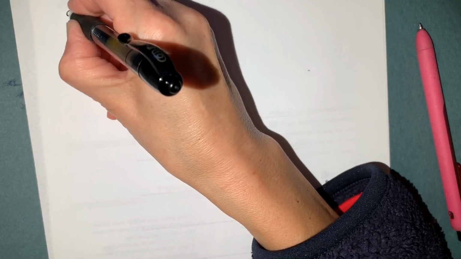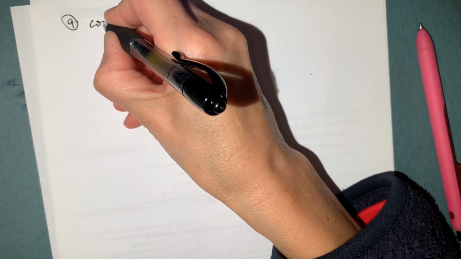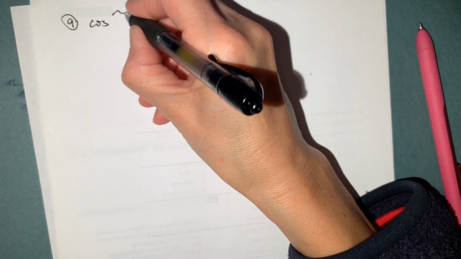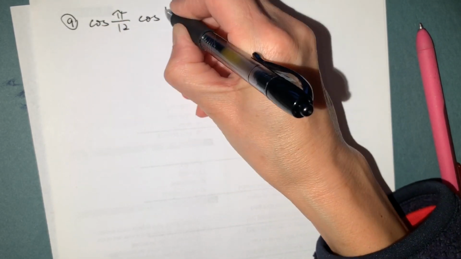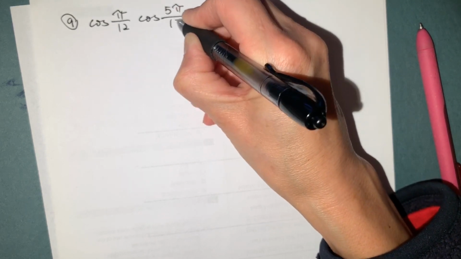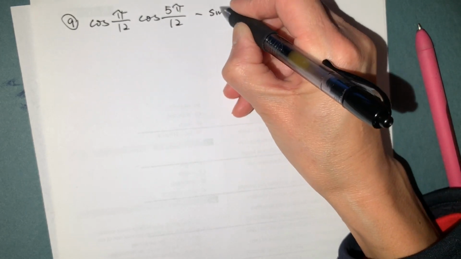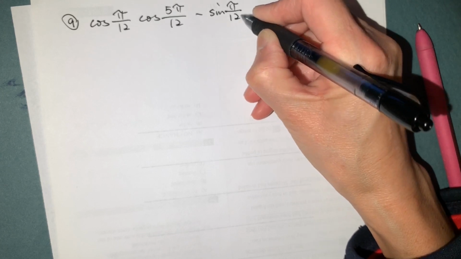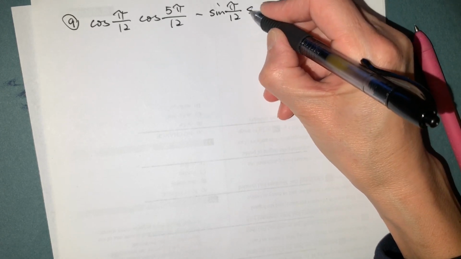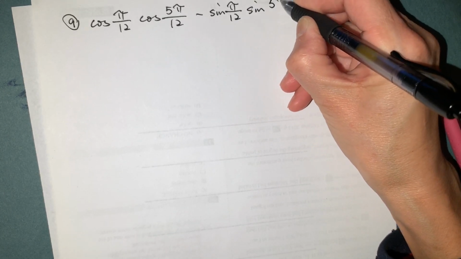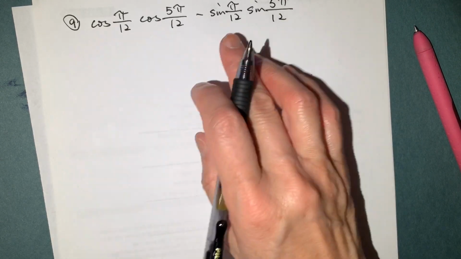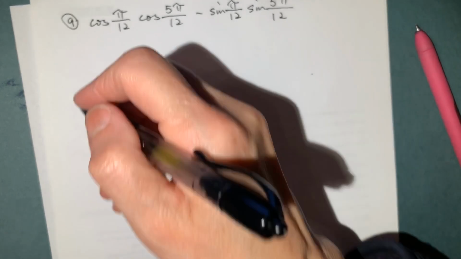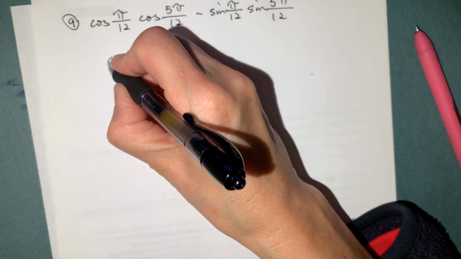Okay, hello dear friends. Question number 9. Cosine pi over 12 times cosine 5 pi over 12 minus sine pi over 12 times sine 5 pi over 12. When we see cosine cosine minus sine sine, it looks familiar, so check the teacher's cheat sheet.